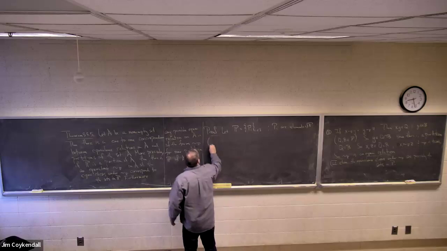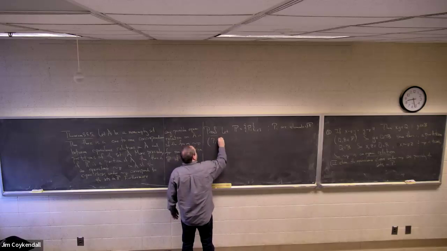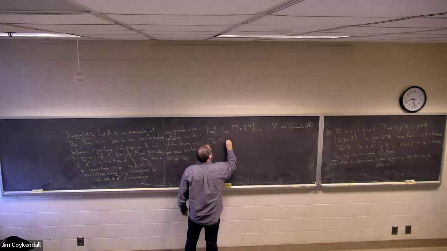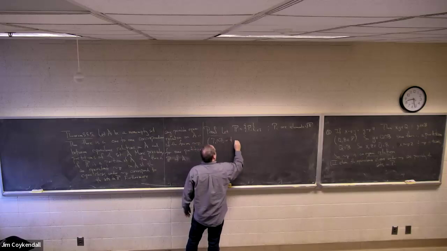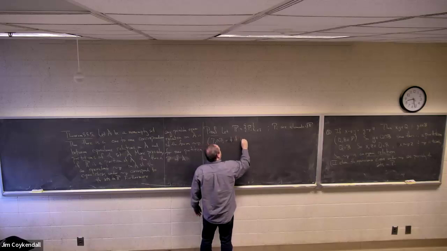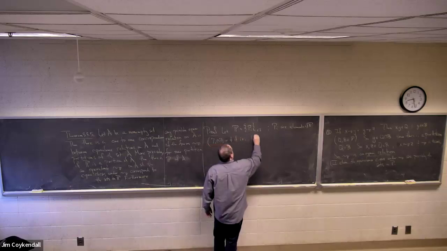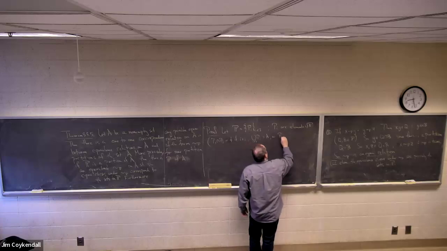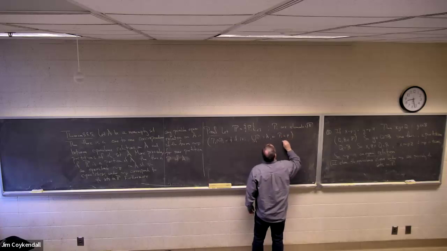Recall what this means: P_i intersect P_j is empty if i is not equal to j, the union of the P_i is equal to A, and no P_i is empty.